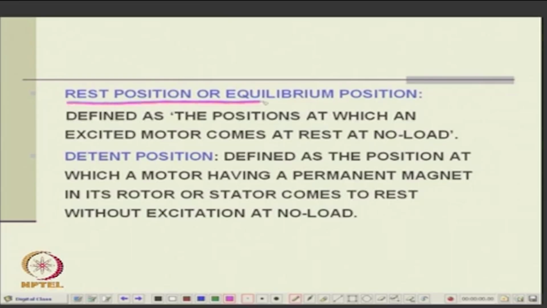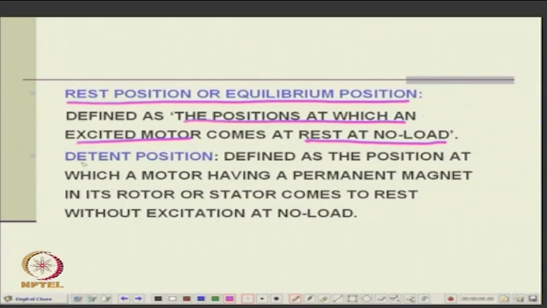Then rest position or equilibrium position is the position at which an excited motor comes to rest at no load. If the machine is excited with no load, it comes to that equilibrium position.